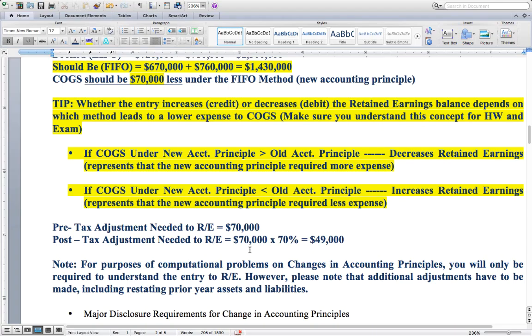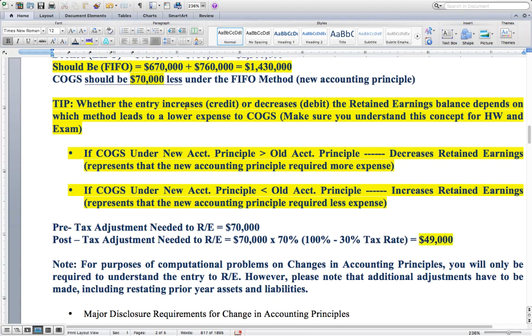Therefore, you need to reflect the amount left over after tax that's going to adjust retained earnings. Since the prior balances in previous years that were pulled into retained earnings were net of tax, you have to do the same here. So you take the $70,000 change times 70%, which represents 100% minus the 30% tax rate, and that equals 49,000.